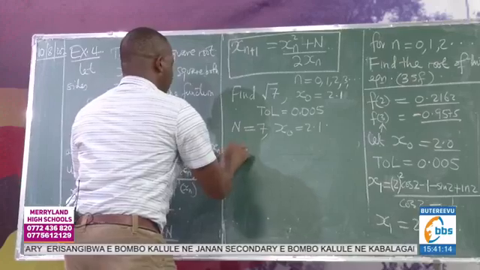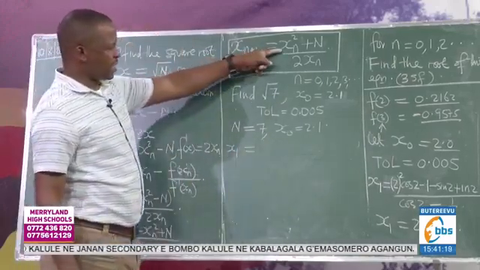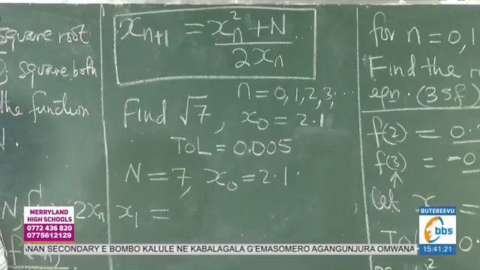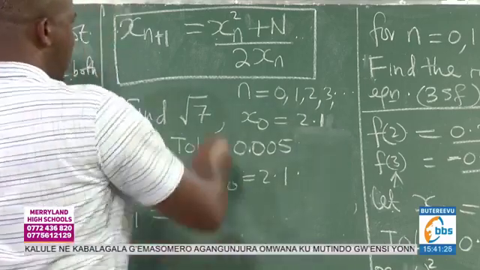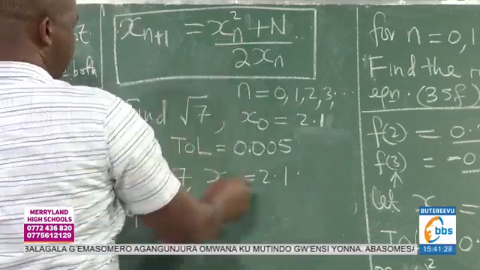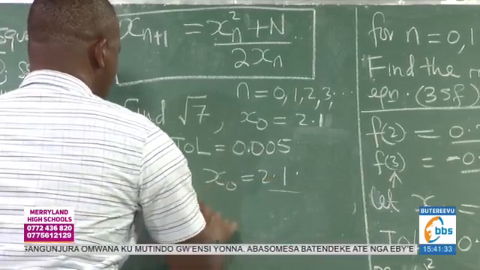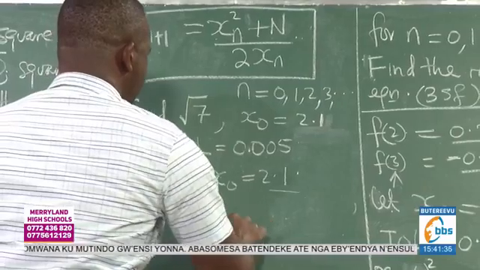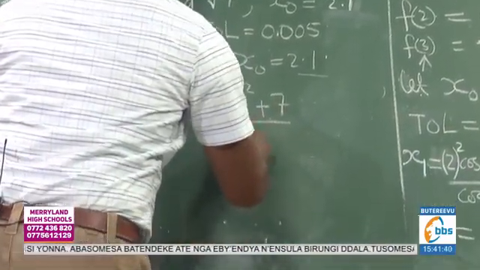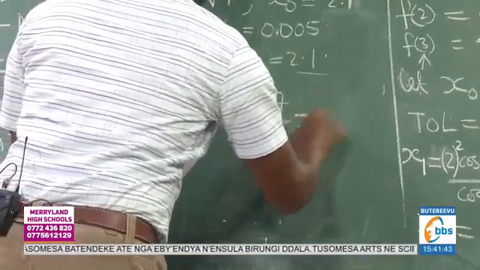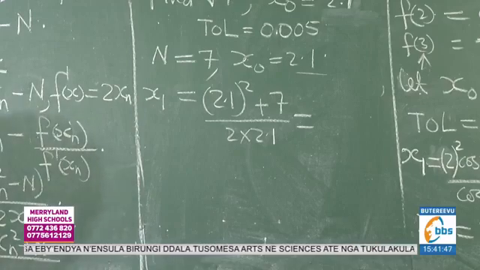So our first approximation, x1, will be obtained by feeding in here our n as 0. When we feed in our n as 0, it means we are feeding in this value. So our x1 will be equal to 2.1 squared plus n, which is 7, over 2 times 2.1. I will expect you to use your calculators and compute.